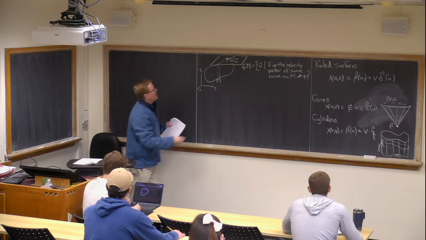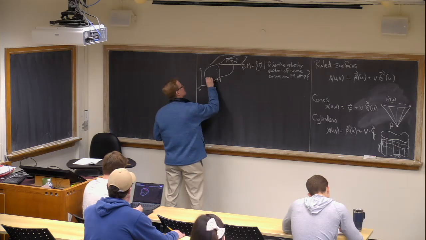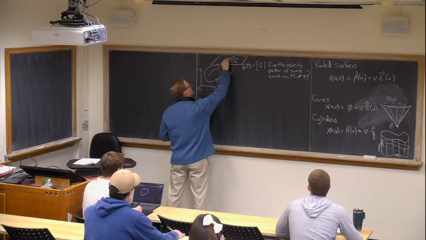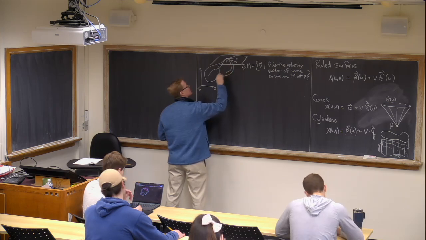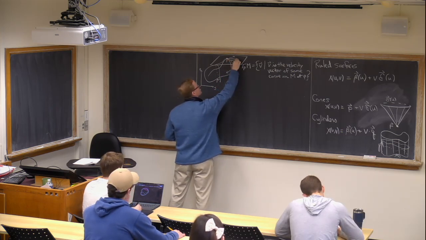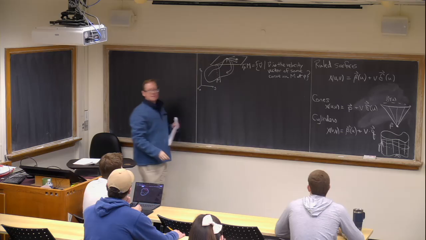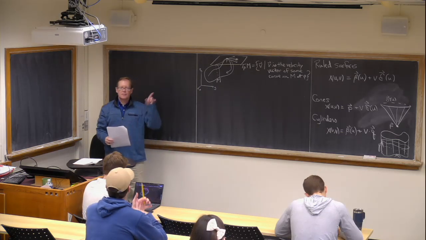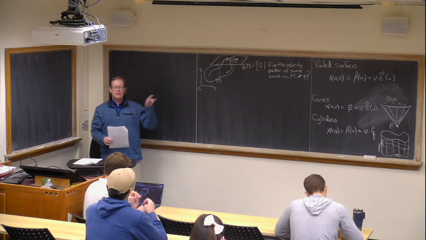So what does that mean? Imagine, for example, here's a curve, and it goes through P like this. And for some curve on the surface, at some point, that could be its velocity vector. So just imagine all the curves that go through the point P.